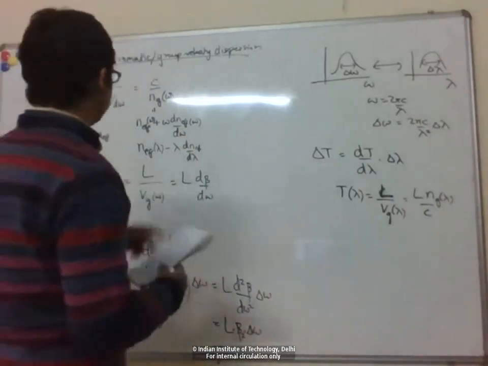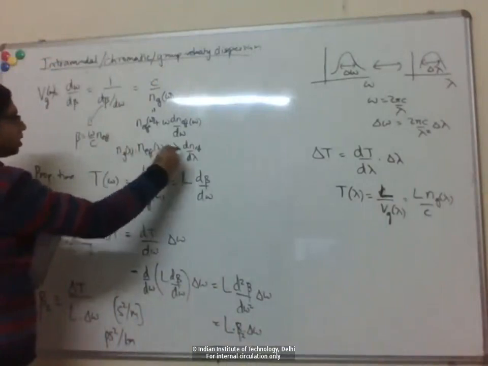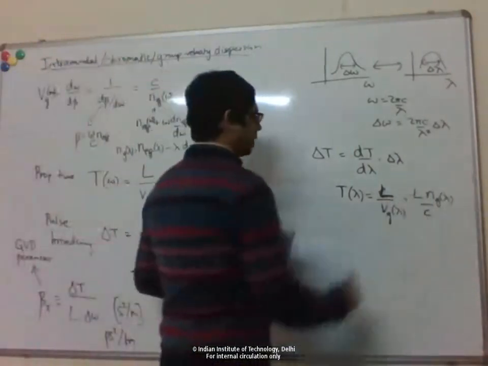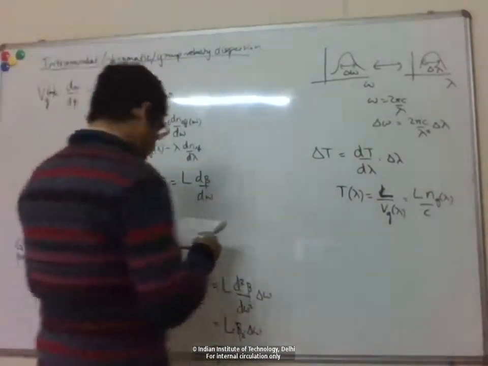Okay. Anyway, we can define this group index in wavelength units like this. So that comes here. Right.